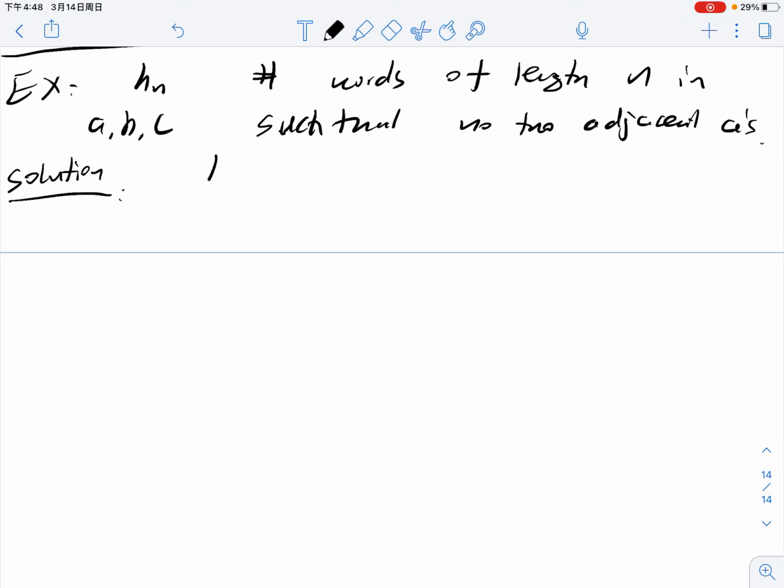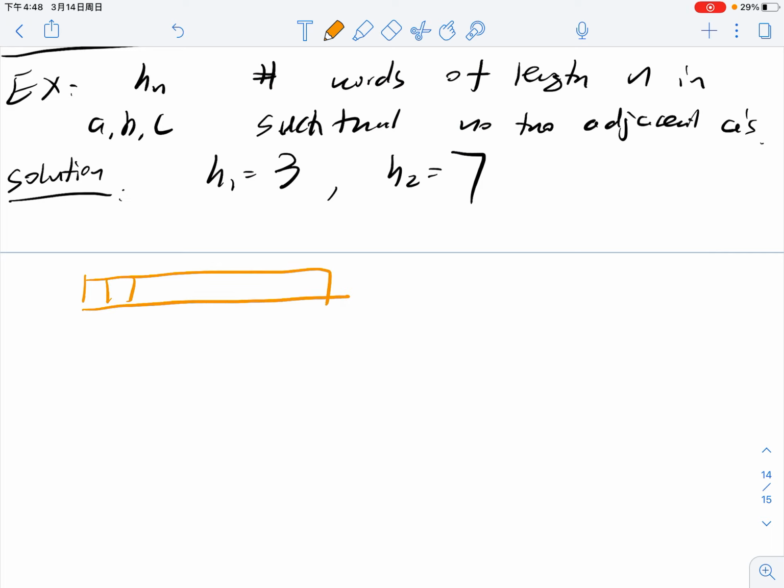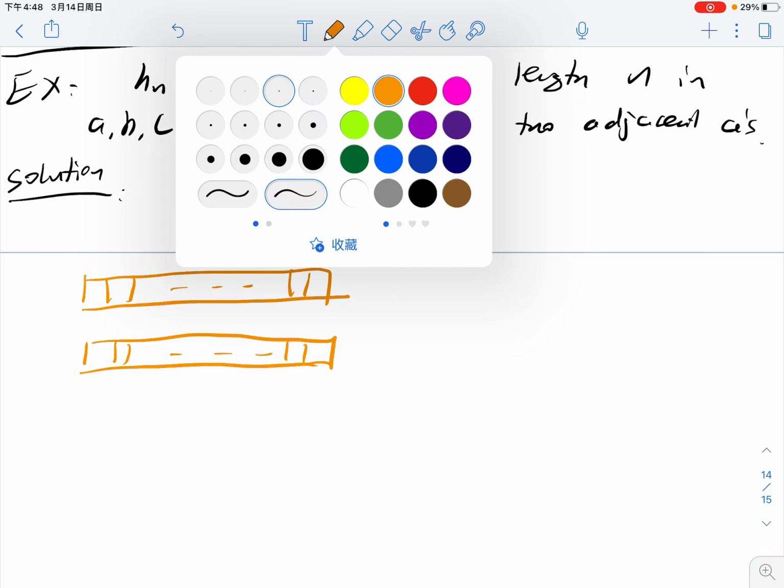Firstly you can just compute by hand: H0 is 1, H1 is 3, H2 is 7. And for this recurrence relation, we need to truncate, and we consider the first position.